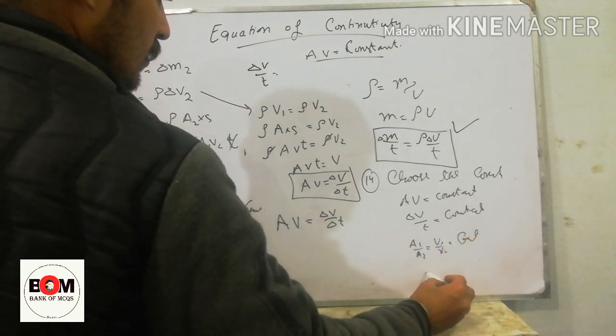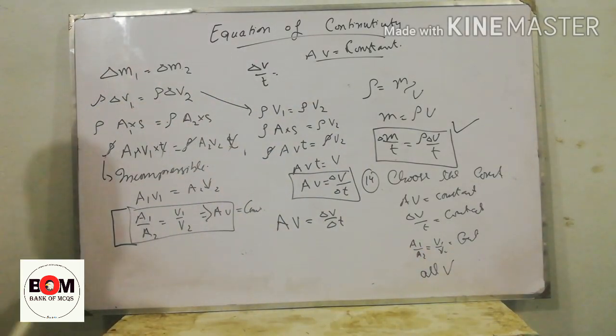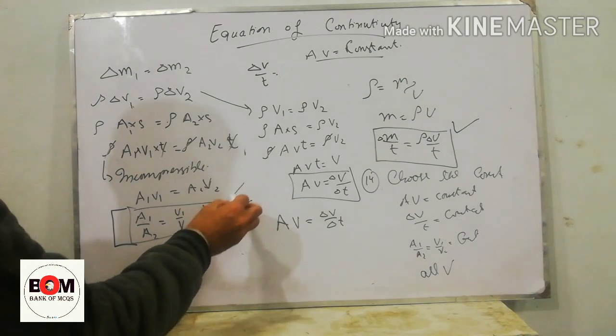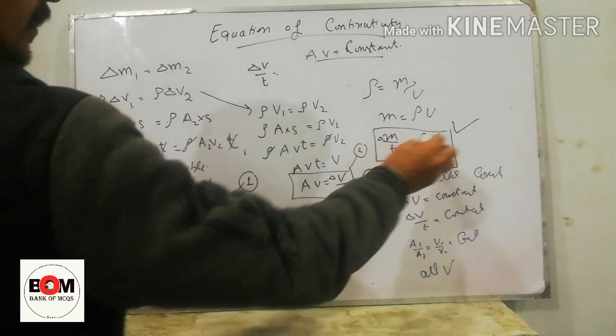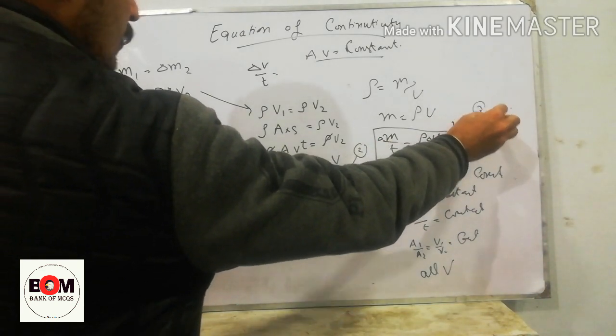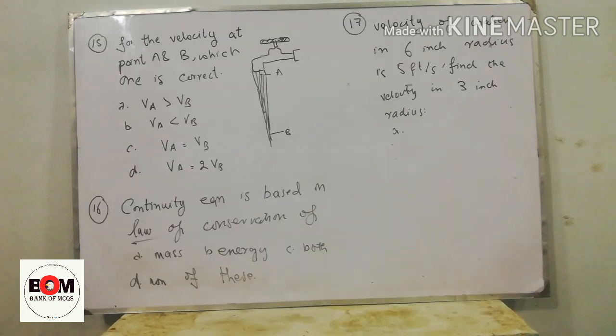So all of these are correct. Now for MCQs, these three equations, equation number 1, equation number 2 and equation number 3, are most important. Now we will solve MCQs on the equation of continuity.